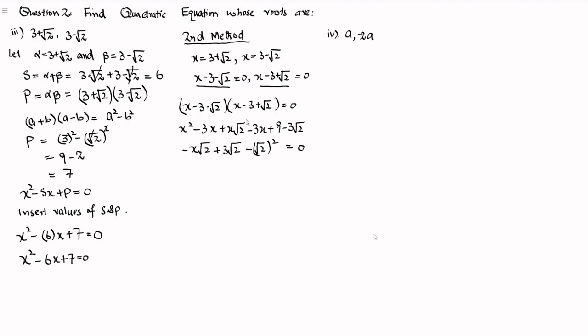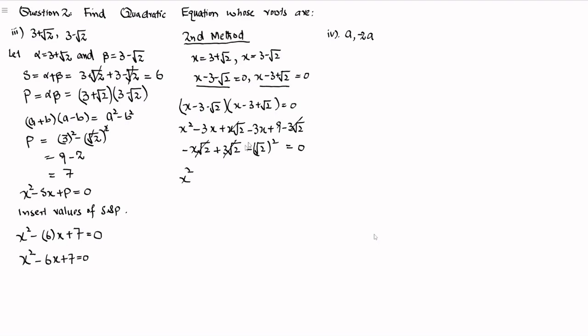Now x under root 2 cancels out with minus x under root 2, minus 3 under root 2 cancels out with plus 3 under root 2, and x square is written as it is.